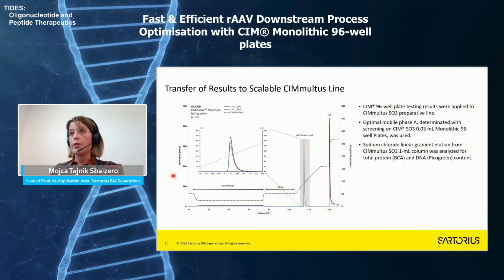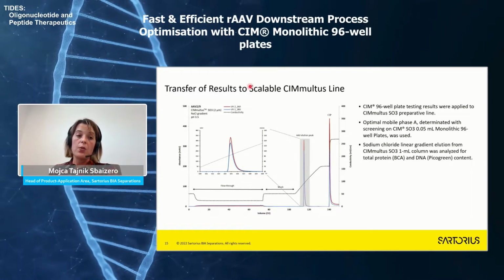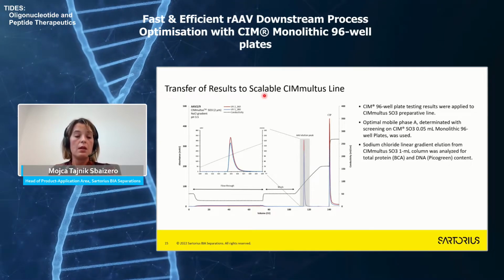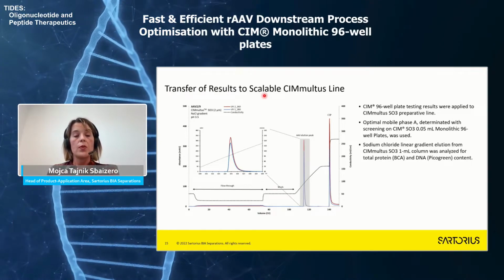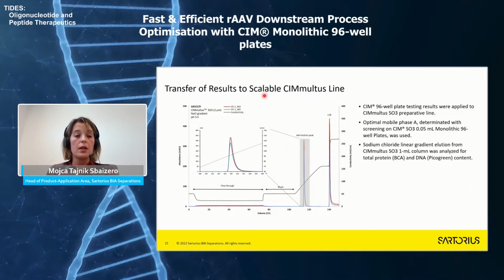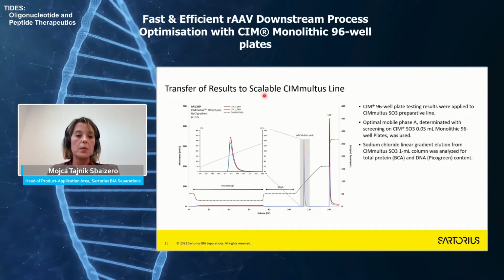Later, very importantly, we transferred our results to the Simultus line. The plates were used just to optimize the buffer for the CX column, and then we also performed preparative chromatography using the Simultus line.